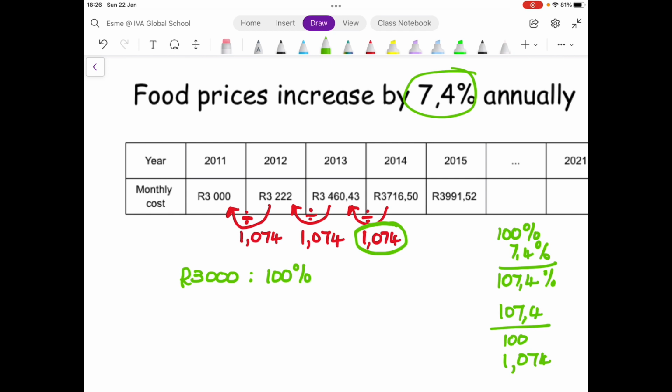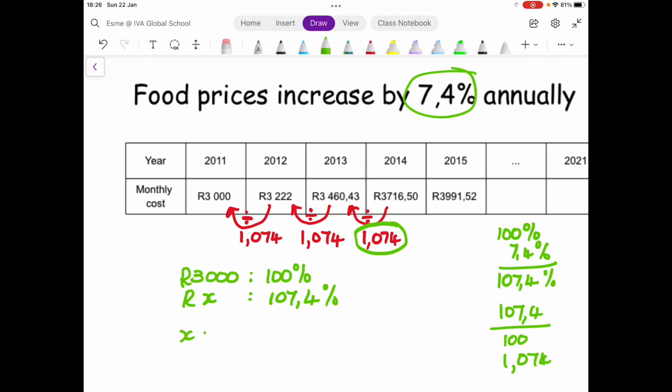So in 2012, the food price increases. So I want to find out how much the food will be if I increase it, not rands, if I increase it to 107.4%. Right, we can use the pirate method.